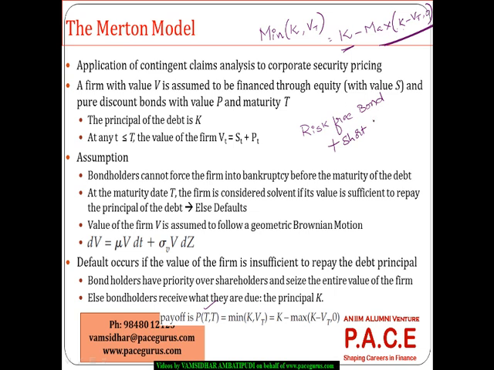So this is what we are calling a put option. So I am having a risk free bond plus a short position in the put option on the value of the firm with a strike price equivalent to the value of the debt of a single zero coupon bond.